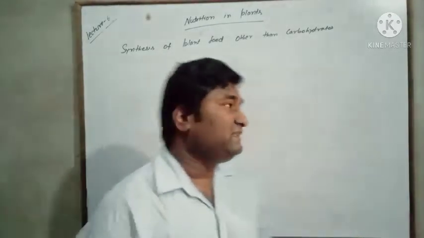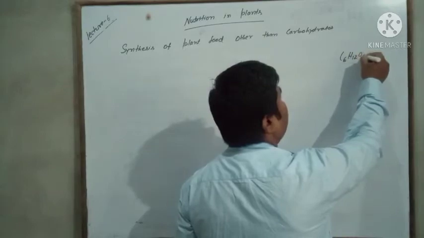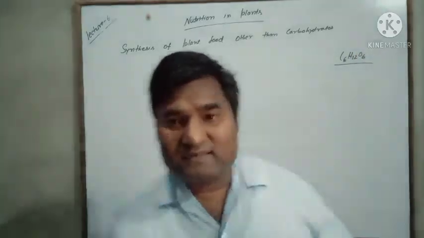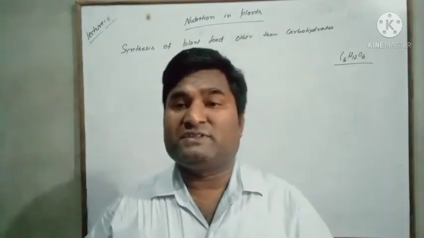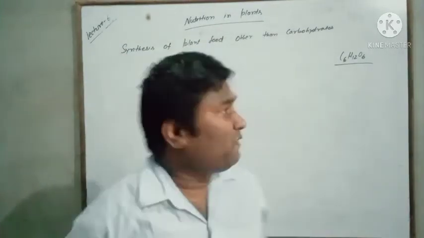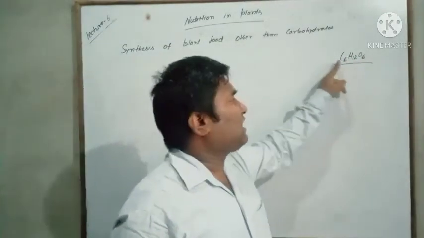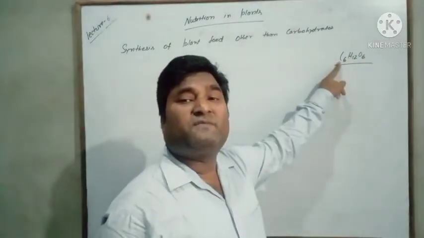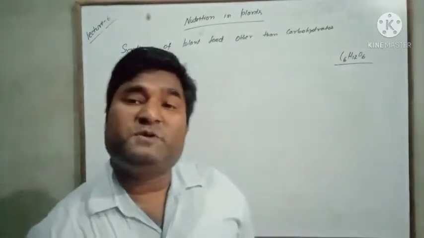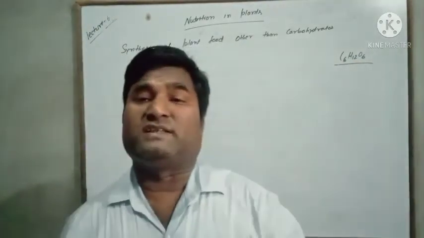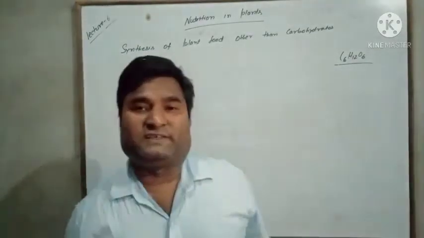Carbohydrates means C6H12O6. These are synthesized by the plant during photosynthesis with the help of carbon, hydrogen and oxygen. Plants get carbon from CO2. Hydrogen and oxygen are supplied to the leaf for photosynthesis from water. So we have seen those things.